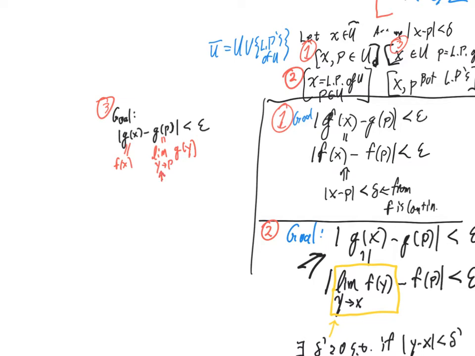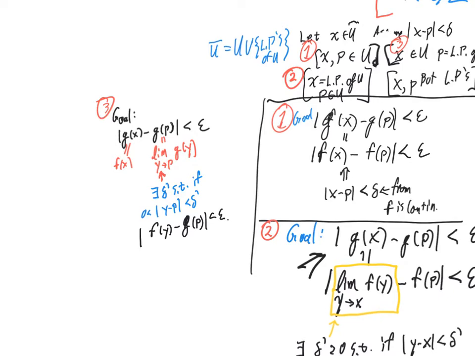Well, if I take y close enough to p, what does this one mean? This bit means that there exists some delta prime such that if 0 is less than absolute value of y minus p is less than delta prime, then the absolute value of f of y minus g of p is less than epsilon.